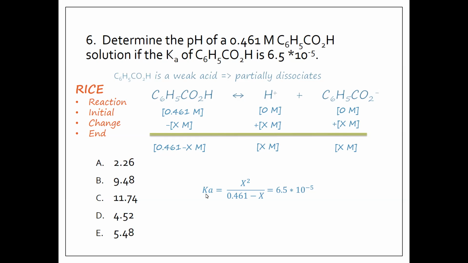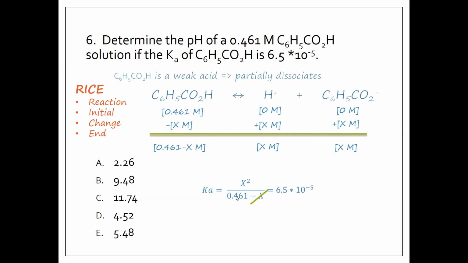And we're setting up the K expression, so products over reactants, so X times X over the 0.461 minus X. And so they told us that that Ka equals 6.5 times 10 to the minus 5. So I'm plugging this in here. And so I'm going to use the approximation that X is pretty small. And so mathematically that makes that a lot easier.